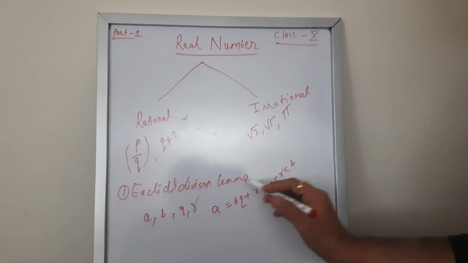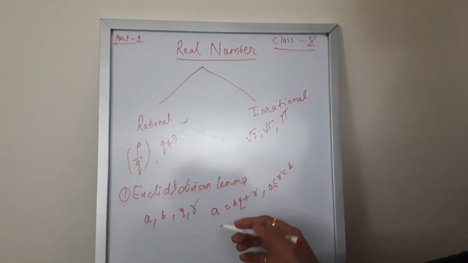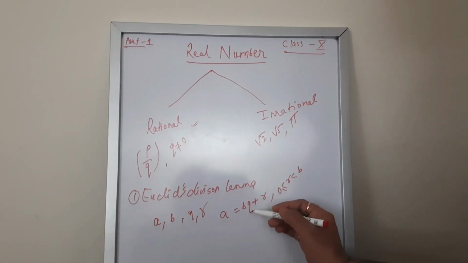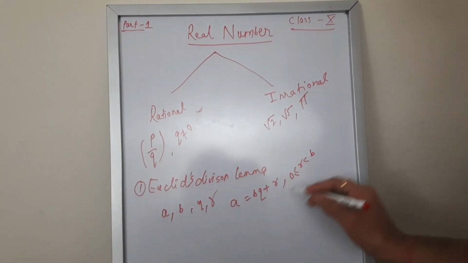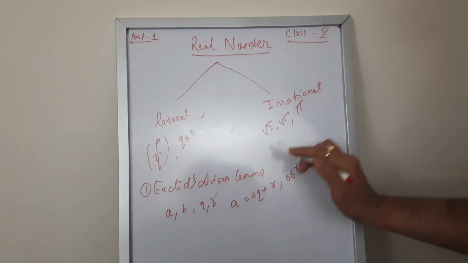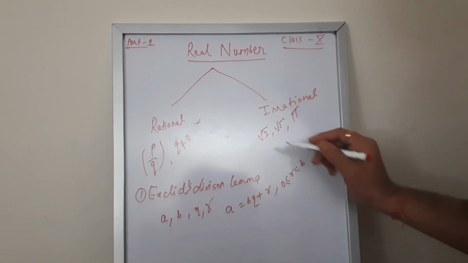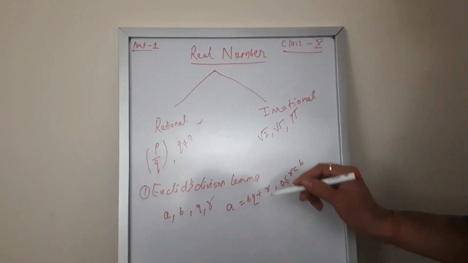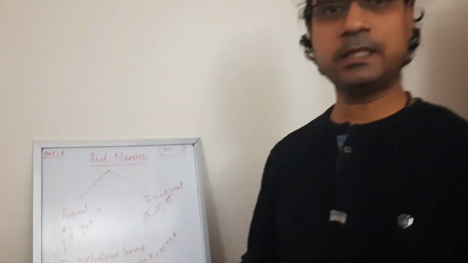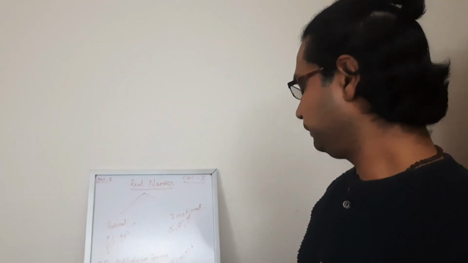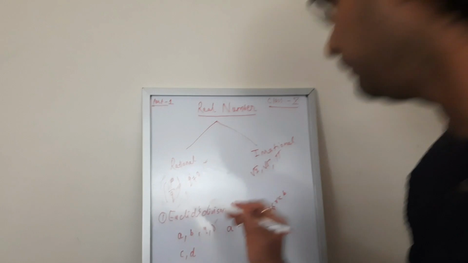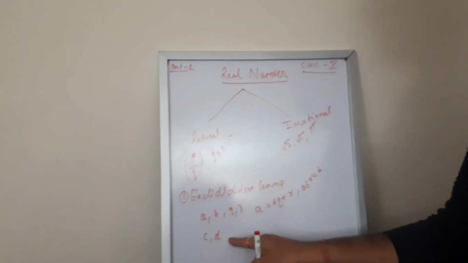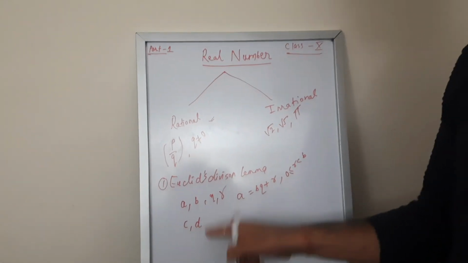You have studied in your earlier classes that dividend is equal to divisor multiplied by quotient plus remainder. So this is the same thing. Where is Euclid's division lemma used? It is used to find the HCF of two positive numbers. For example, let's say there are two numbers C and D, and we need to find the HCF of these two numbers.